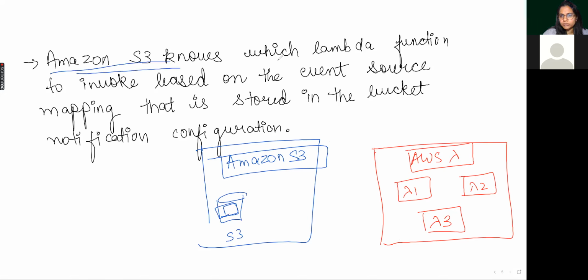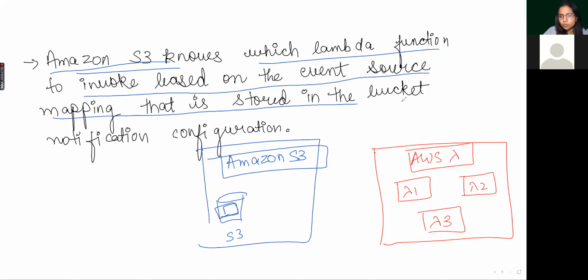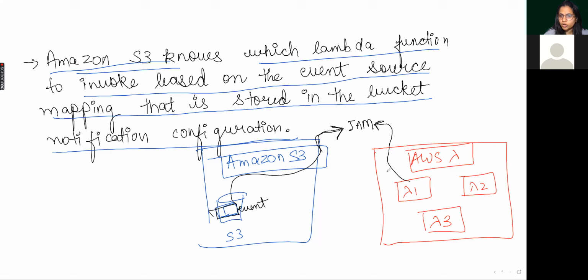AWS S3 bucket knows which Lambda function to invoke based on the event source mapping that is stored in the bucket notification configuration. So whenever you create it, it gives the information that this bucket is related to this Lambda function, and whenever an event is triggered, we have to send this event from the S3 bucket to the Lambda.